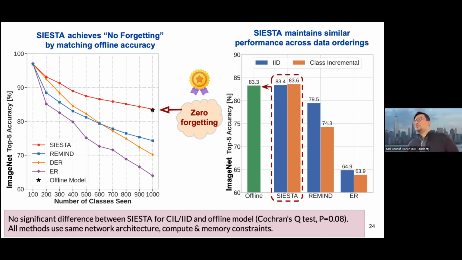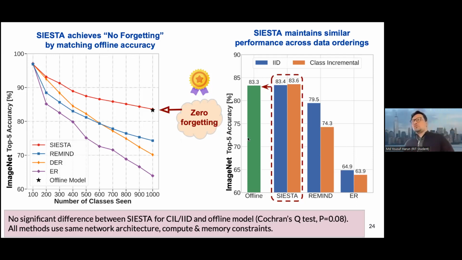That means it matches offline accuracy, while other methods have a significant drop in final performance. Basically, they forget over time, and at the end, they have forgetting compared to the offline learner. So this is a milestone, and SIESTA achieves zero forgetting for the first time.